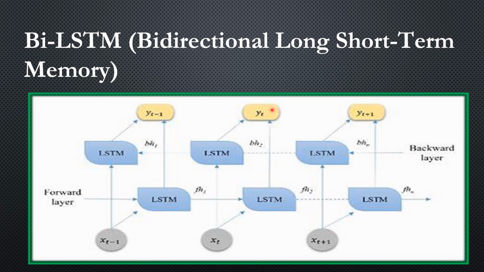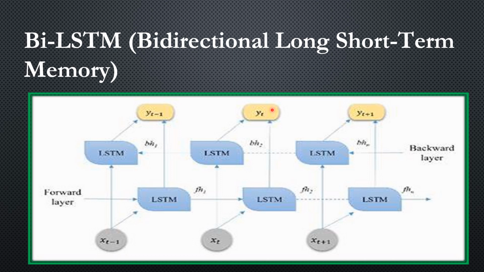And when we combine both these representations, the final representation of each word in the sentence is obtained by concatenating the left to right and right to left representations, which creates a more robust understanding of each word's context, as it takes into account the information from both the past and the future.